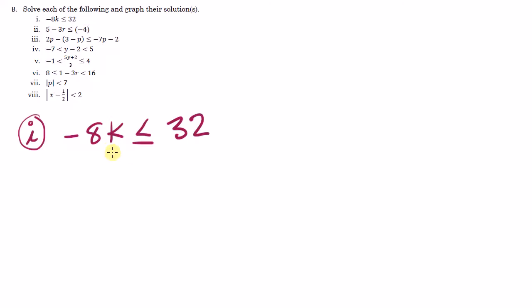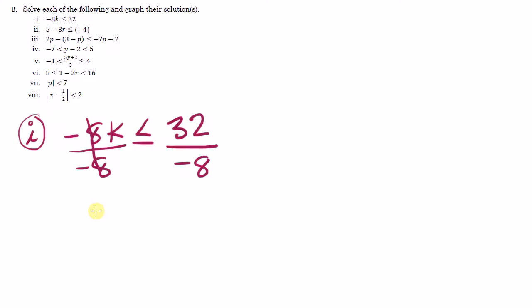They start right off the bat with something that is unique to inequalities, and that is if we divide by a negative or multiply by a negative, then we have to flip this inequality right here. So I'm going to divide both sides of this inequality by negative 8.